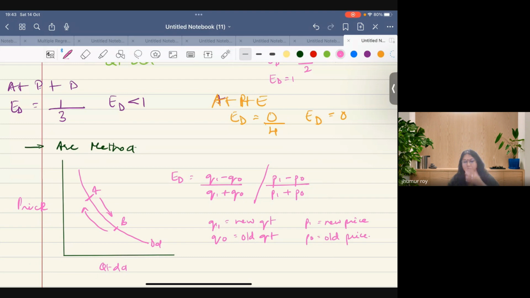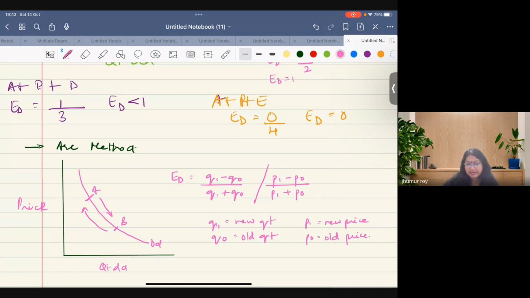Okay, so in this case, if you calculate through the percentage method, you'll find that if you take A as the original quantity and B as the new quantity, the answer will come out different than if you take B as the original quantity and A as the new quantity.